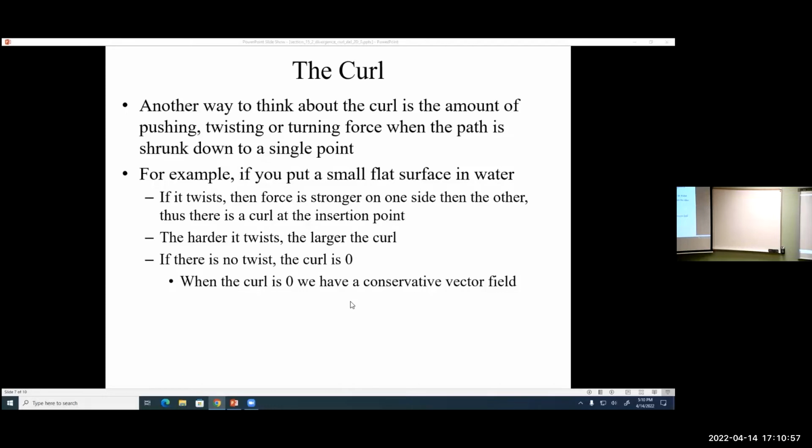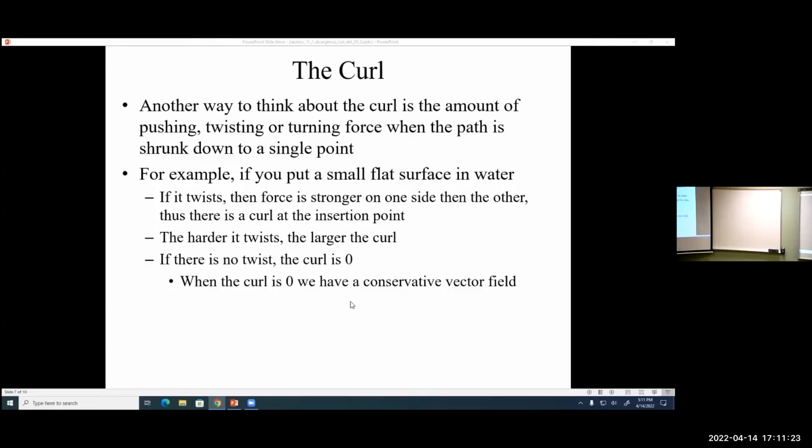This is going to be really interesting for us as we go on, because we're going to start to talk about conservative and non-conservative vector fields. When the curl is zero, think of it as things being in equilibrium. We have what's called a conservative vector field, which means it's path independent.